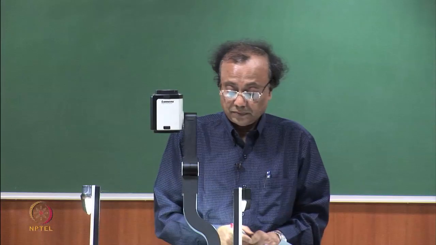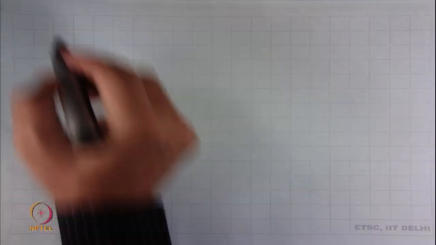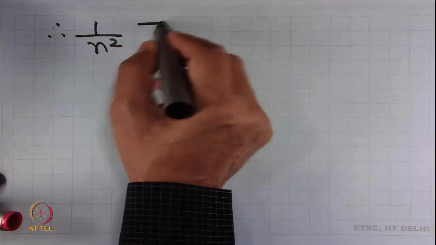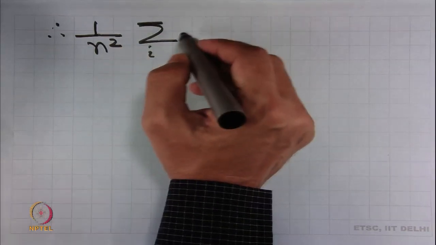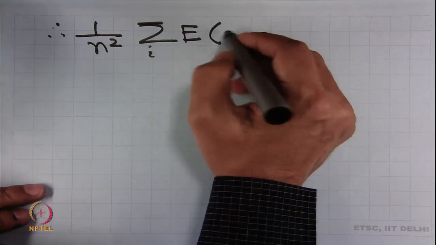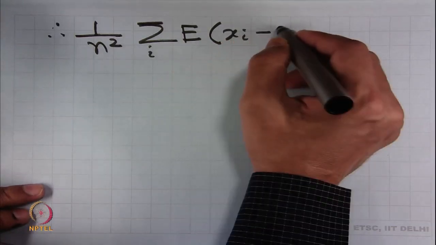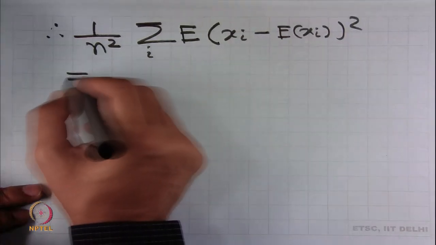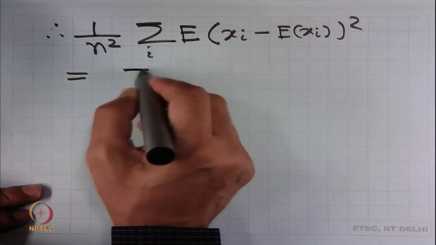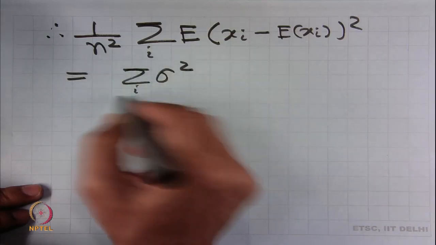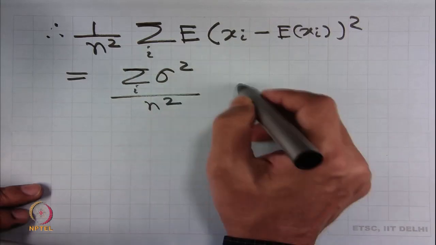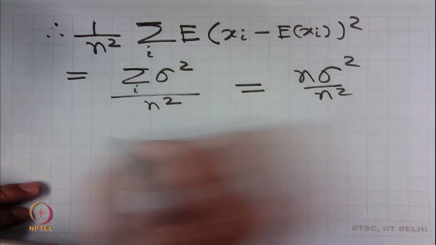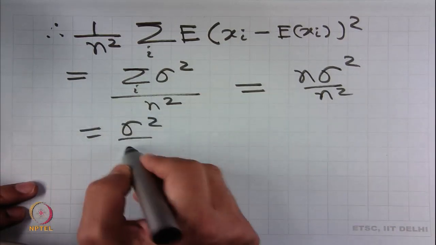Therefore, 1 by n square into sigma over i expected value of xi minus expected value of xi whole square is equal to summation over i sigma square divided by n square, which is n sigma square upon n square, equal to sigma square by n.